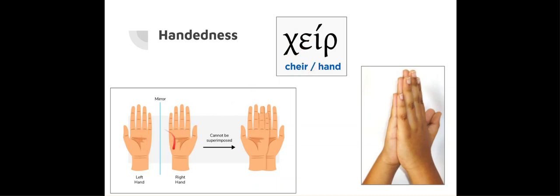And so our hands are an example of this. You probably did this in the lab. Our hands are mirror images of each other, and there's nothing you can do to make these superimpose on each other. You can even put them together, but these are still not identical because your palm is facing this way and this palm is facing that way. So they're still not truly superimposed. Our hands are a good example of chirality, and that's literally where the word comes from.